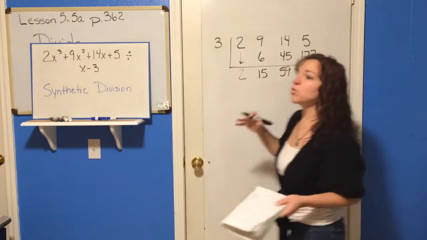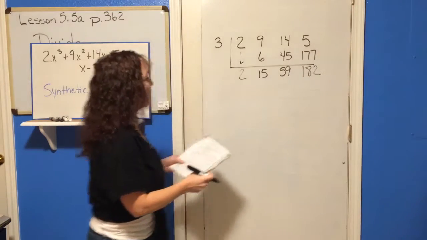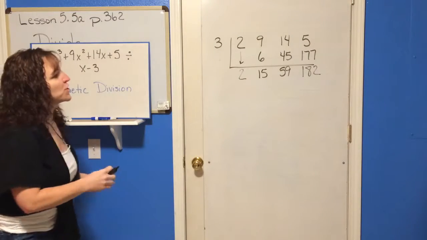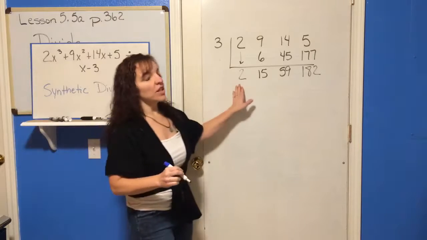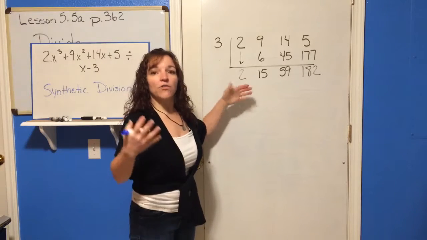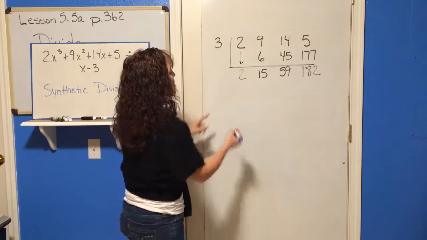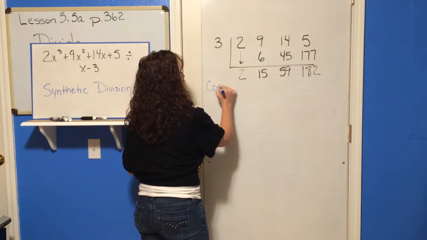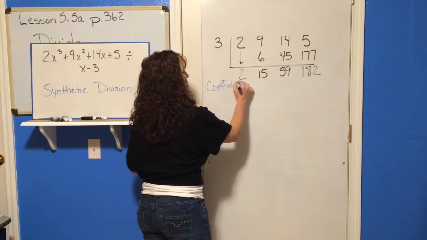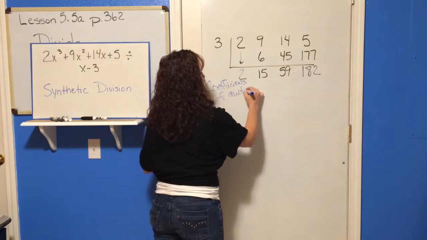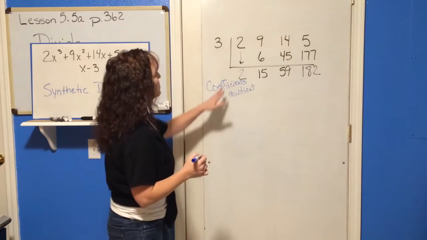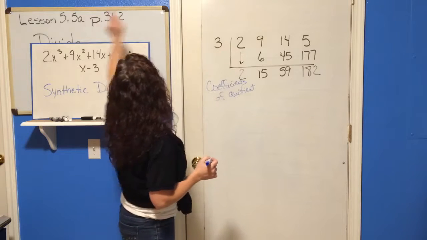So the way you translate this answer now is, you've got all the parts. These numbers now represent the coefficients of your quotient. All right, so these are the coefficients of your quotient. So your answer becomes, we started out with, this was x cubed.